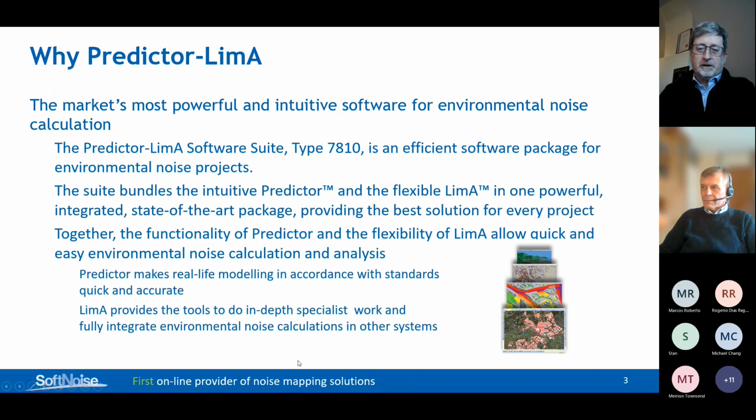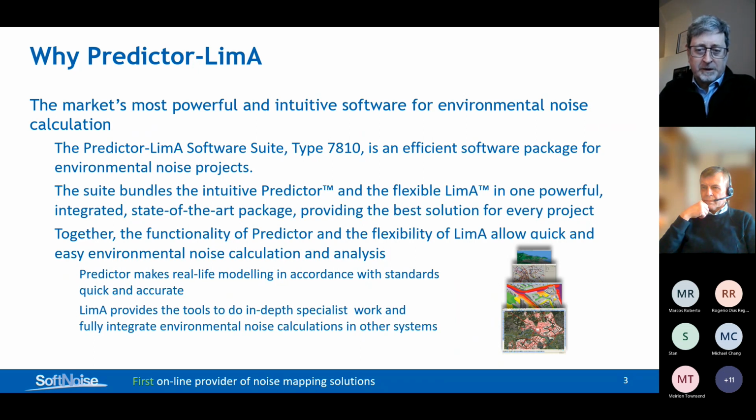So let's start off a little bit about Predictor LimA, which we believe is the market's most powerful and intuitive software for environmental noise calculation. It's a very efficient software, as it's a suite that bundles the intuitive Predictor and the flexible LimA into one powerful, integrated, state-of-the-art package that we believe provides the best solution for every project.